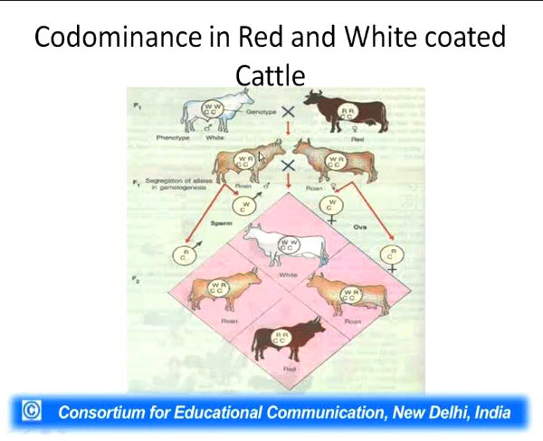Now, please do try to appreciate roan is not showing an intermediate color between red and white. As I said in the beginning, here red and white, red plus white does not mean pink. Here it means red and white. So, that means either these cattle would be red with white patches or they would be white with red patches.